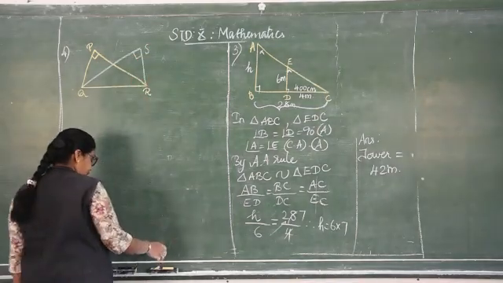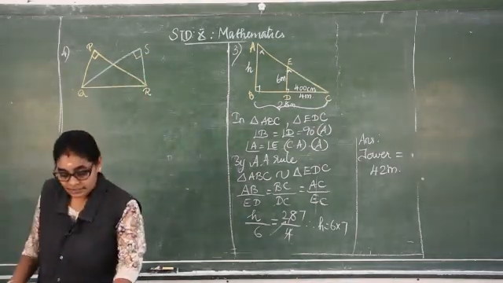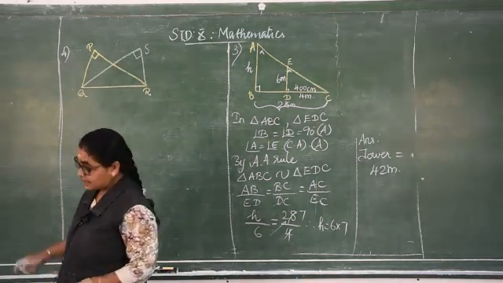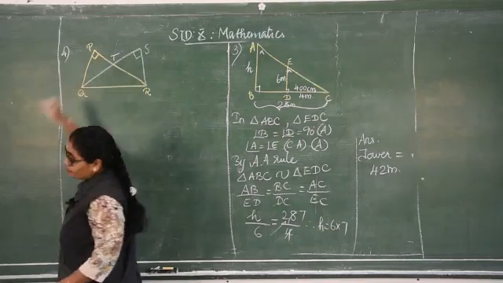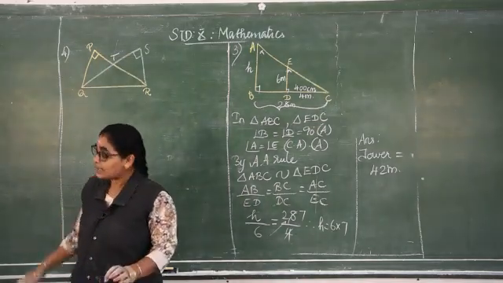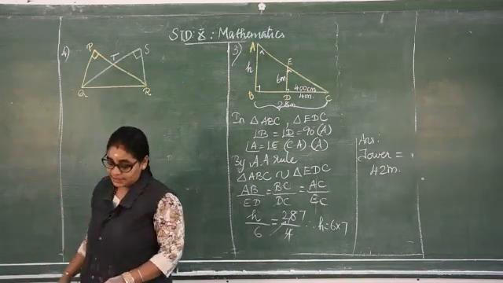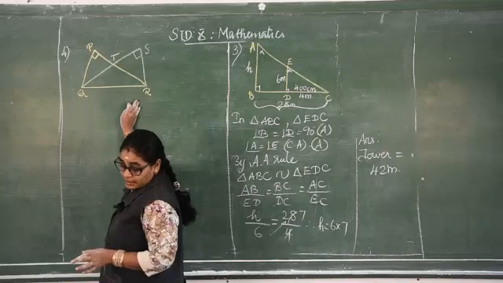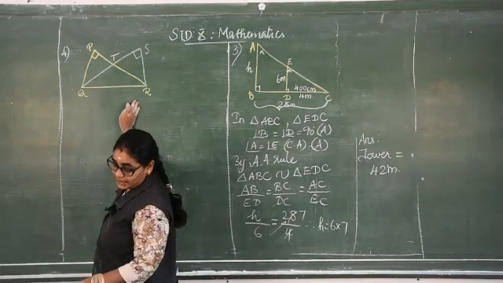They have given these two triangles are right angled, 90 degree, and they intersect at T. So, QPR and QSR, right angled at P and S respectively, are drawn on the same base QR on the same side of QR.